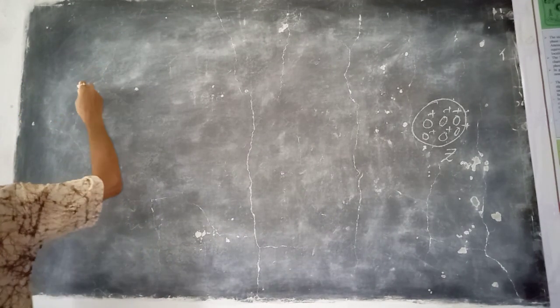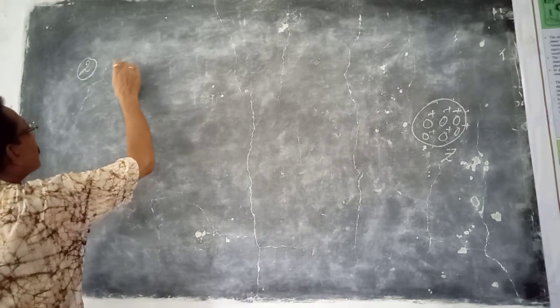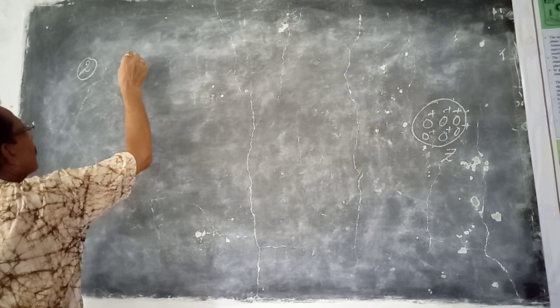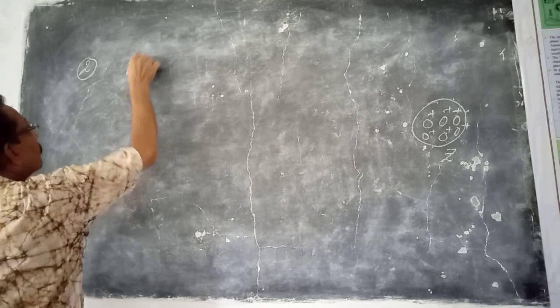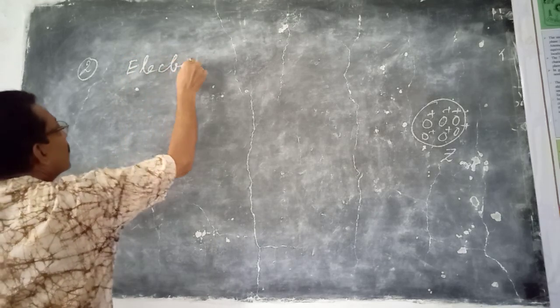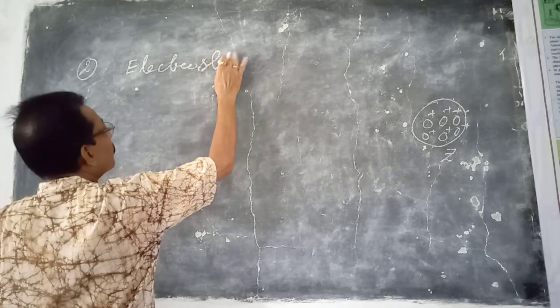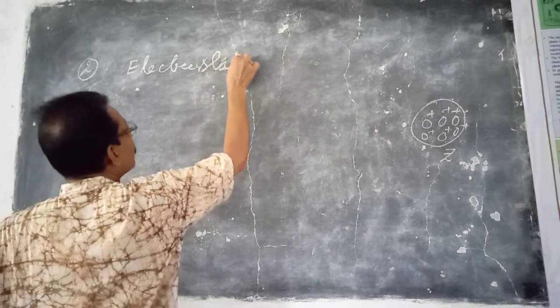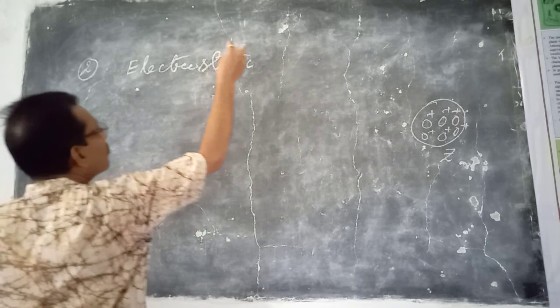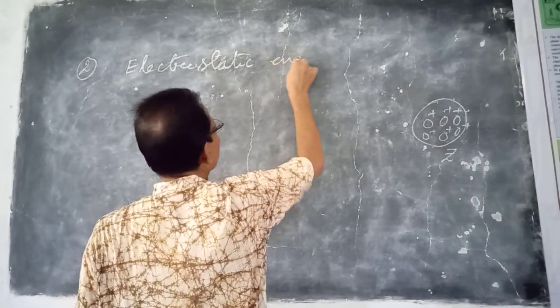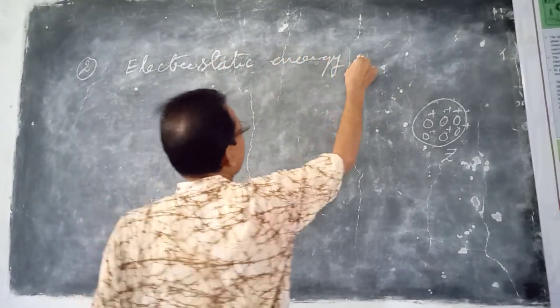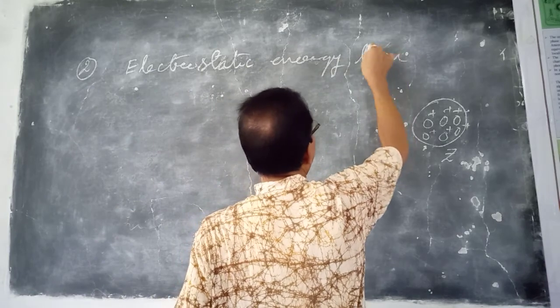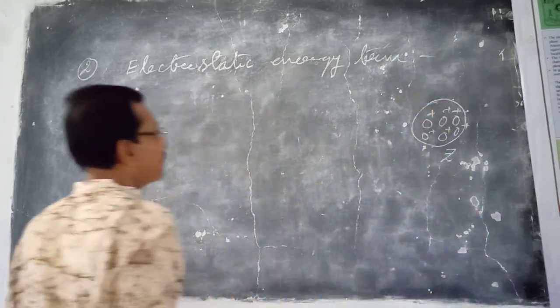So the second term is the electrostatic energy, which is repulsive in character.